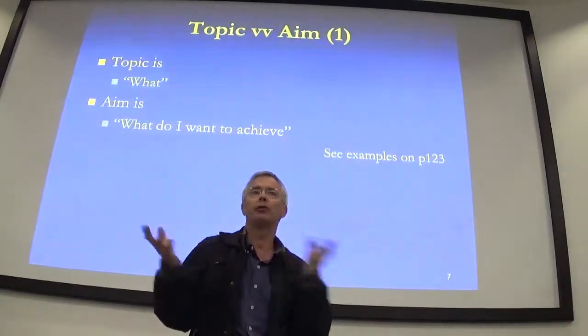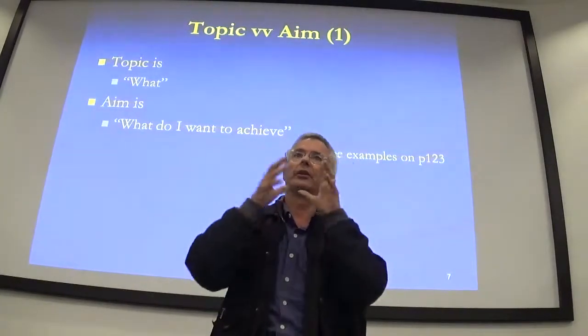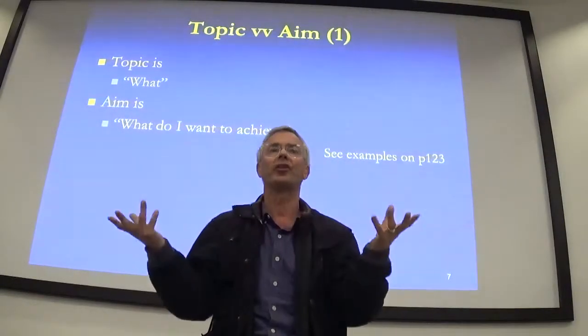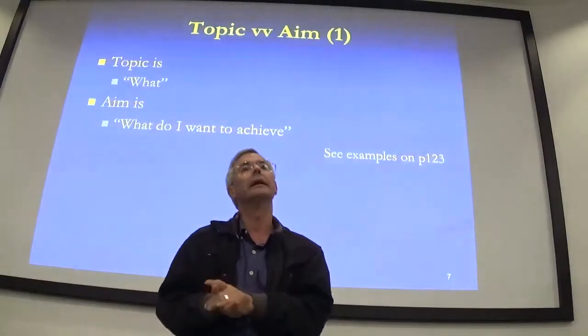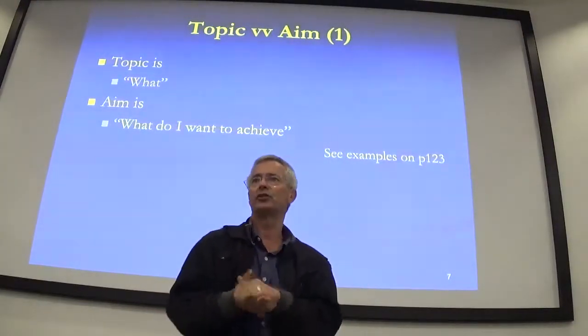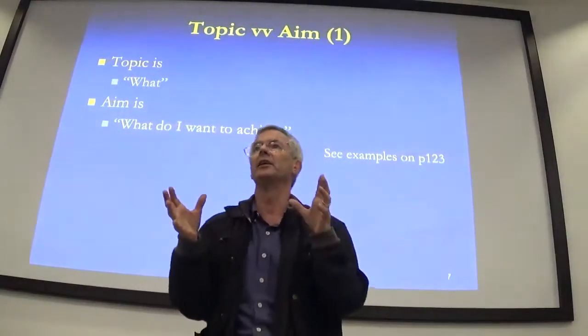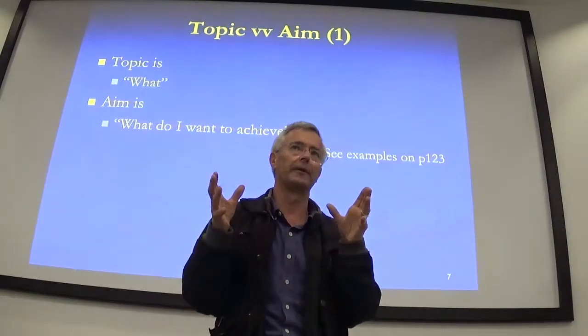Because we tend to get confused often about the difference between the content, the what, and the why. And we see it very regularly in the final year as you start defining your dissertation topic.